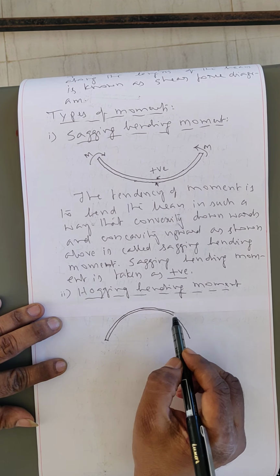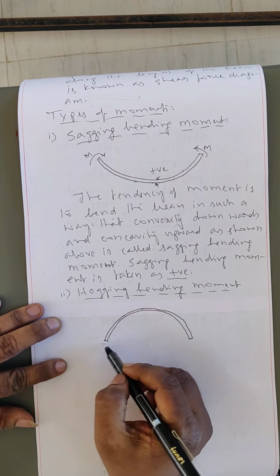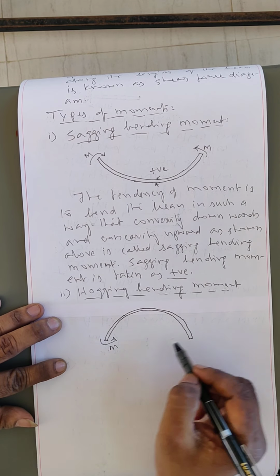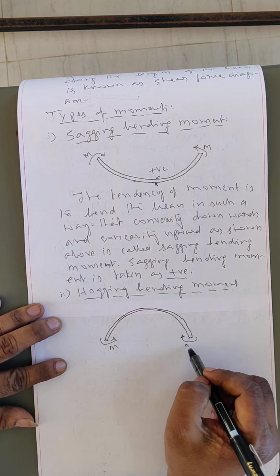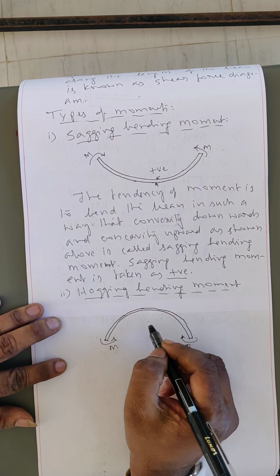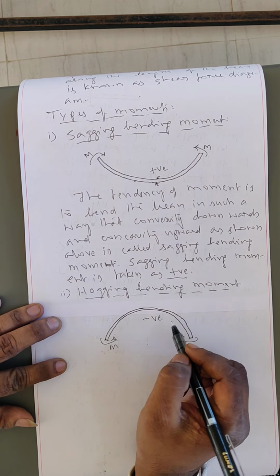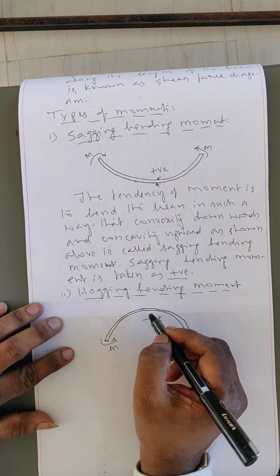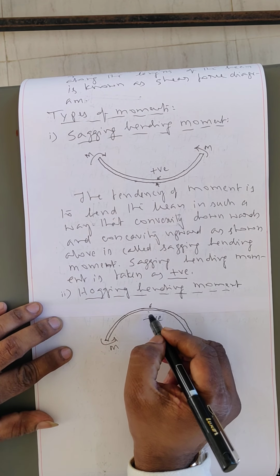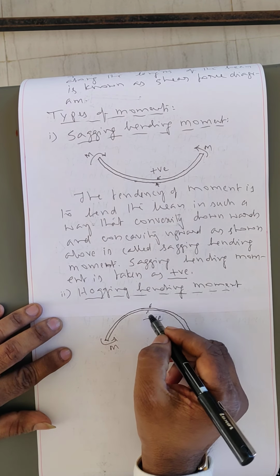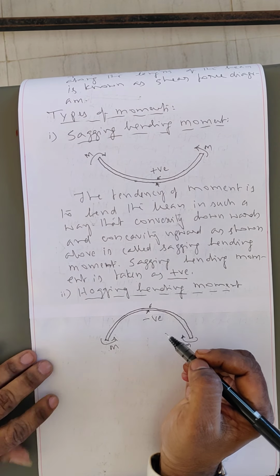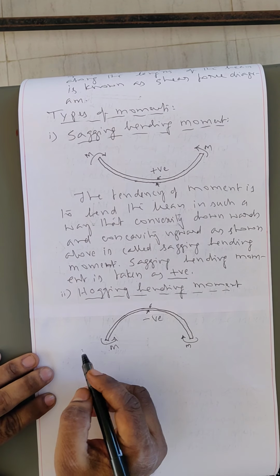This is the bended beam. See here, I am applying the moment in this direction. This type of hogging is represented with a negative sign. Here convexity is upward and concavity is downward. Such bending moment is called hogging bending moment.